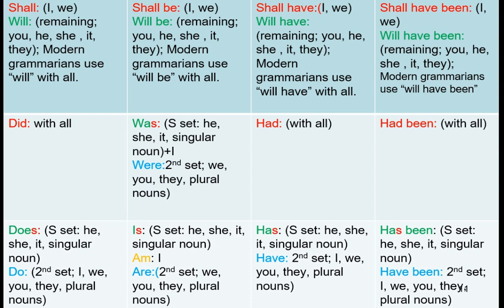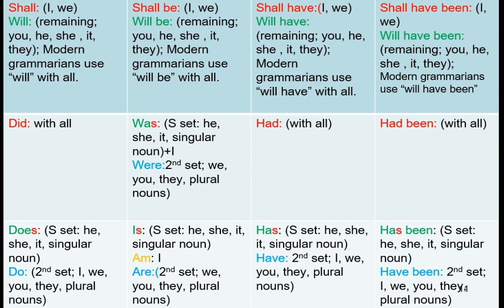Now look at the other ones. Did, only one auxiliary verb, so there is monopoly, it is used with everyone. Had, it is only one, it is used with all. Had been, it is used with all. Look at shall and will. Modern grammarians use will with all pronouns.